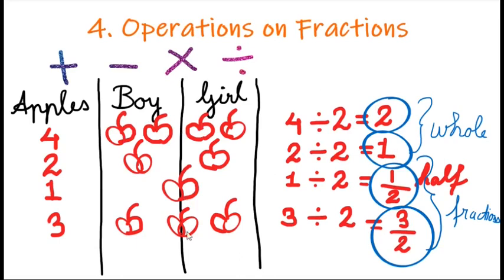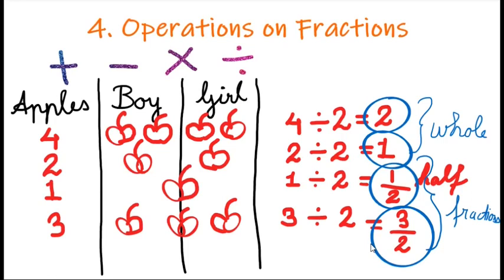But in these two conditions they got somewhere less than 1. Here they got less than 1. Here they got 1 apple, but this was half. Yes or no? So such kind of numbers which are in numerator and denominator form are called fractions.